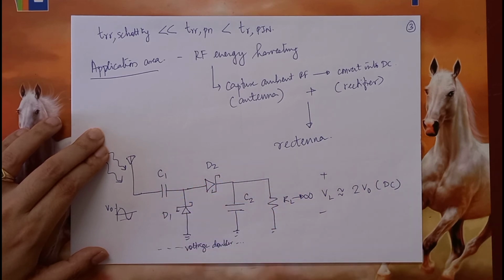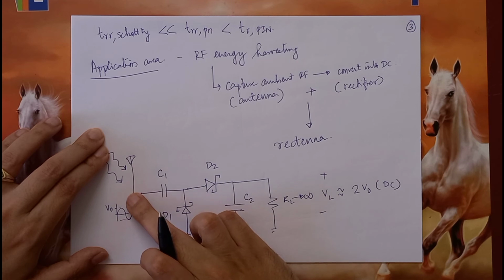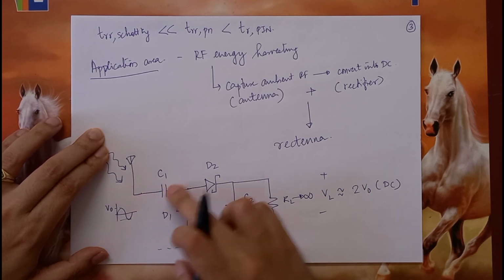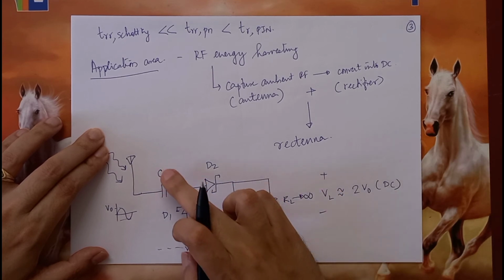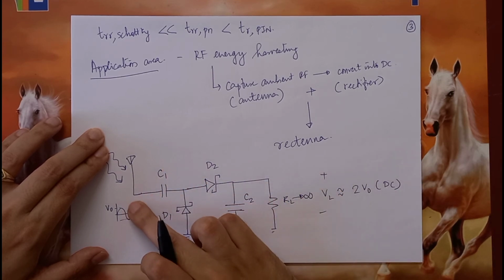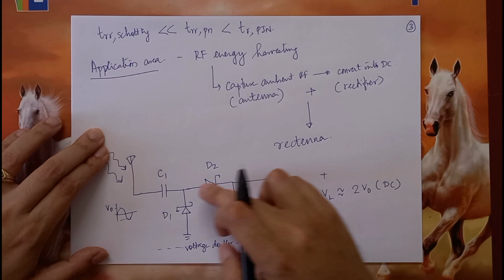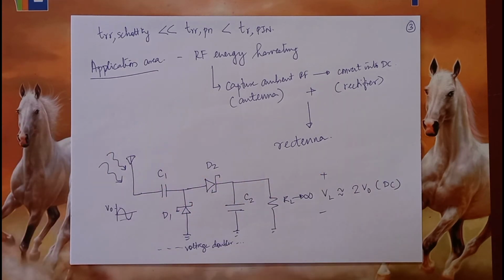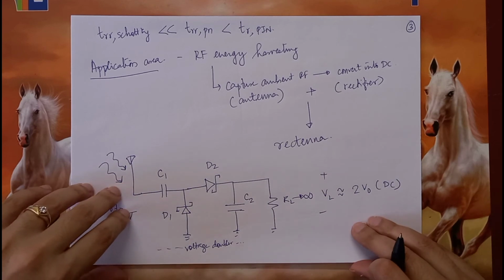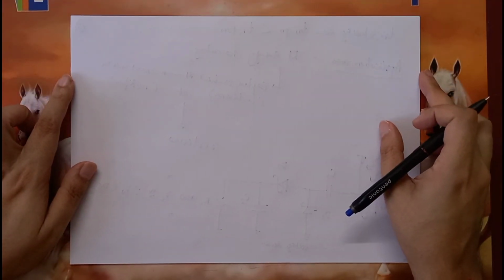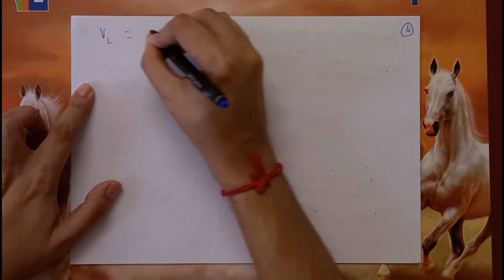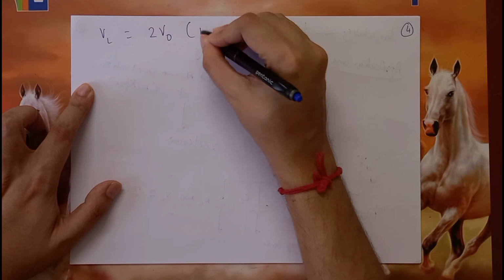Once the positive half cycle starts, this capacitor almost behaves like a source for this capacitor. So the V0 plus the V0 of the positive half makes this capacitor charge through diode D2 to a maximum value of 2V0 ideal. So what we essentially have is this: the load voltage is equal to 2V0 in case of ideal diodes.